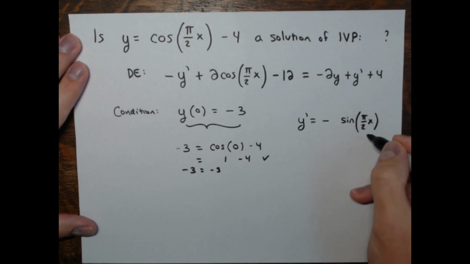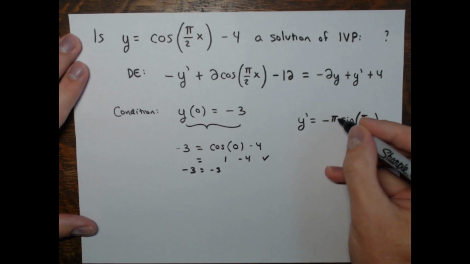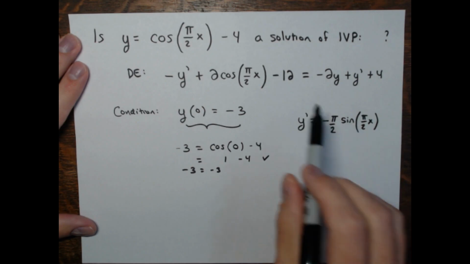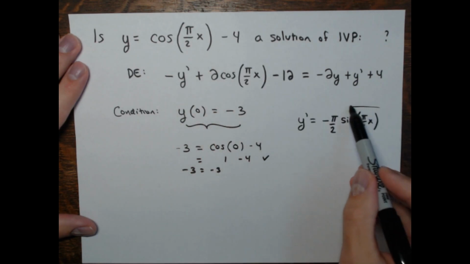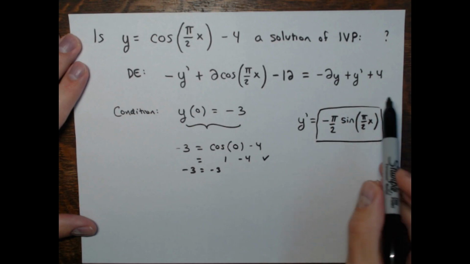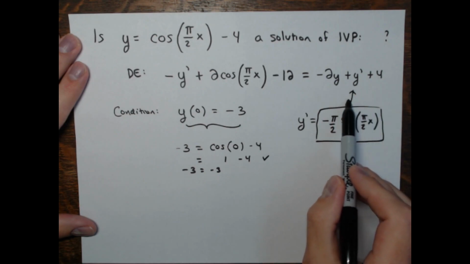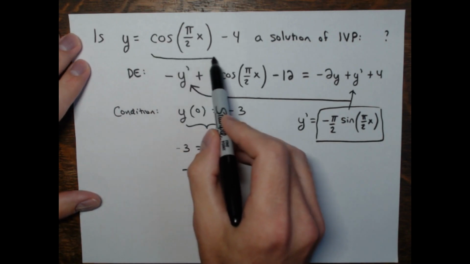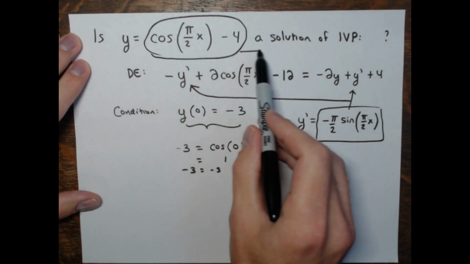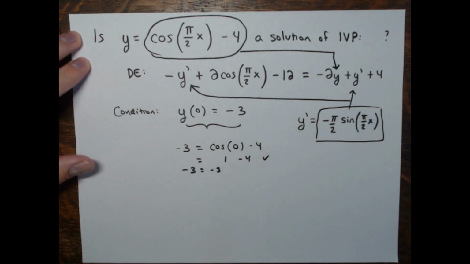But then times the derivative of the thing inside, which would be pi over 2, right? And then your derivative of negative 4 would be nothing, right? So here's y prime. That's going to go in here and here, right? And then y is going here, right? So let's make these substitutions.